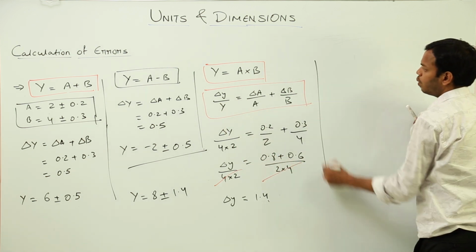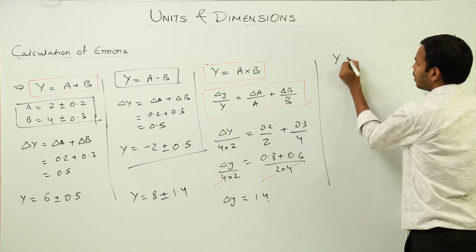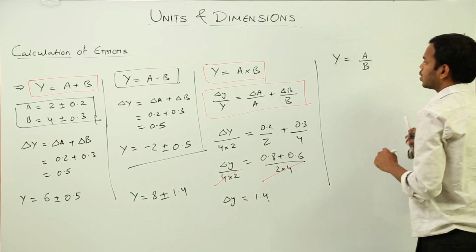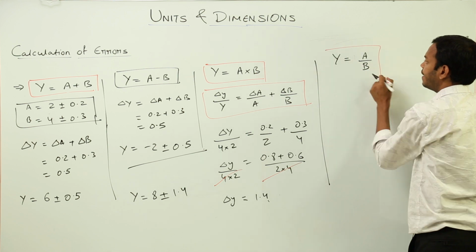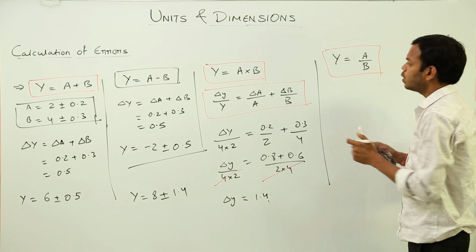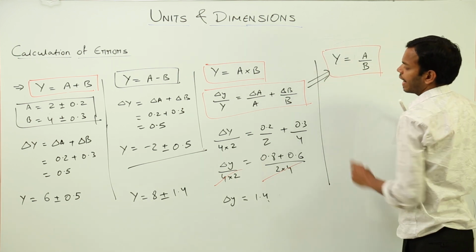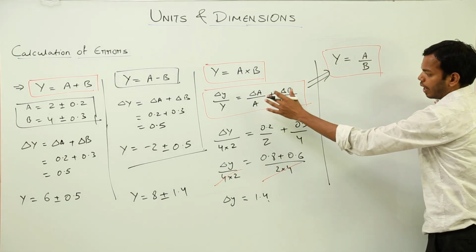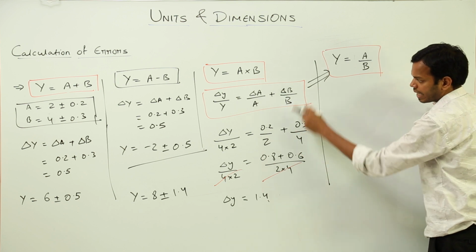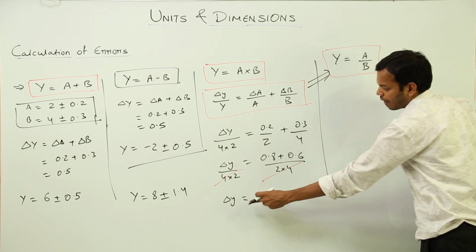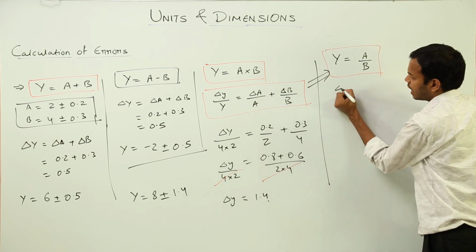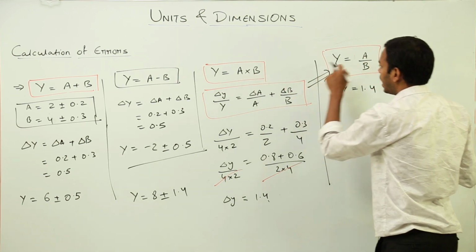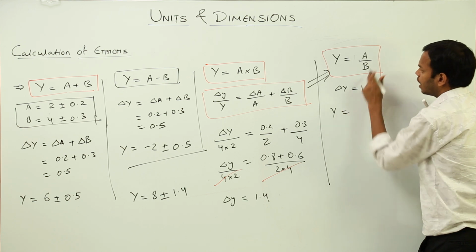Now let's move on to division. So our given equation is y is equal to a over b. The good point is, even in division we use the same equation to find the error in y. So the same calculation will go on and we will find delta y to be 1.4, but the final answer for this would be a upon b.